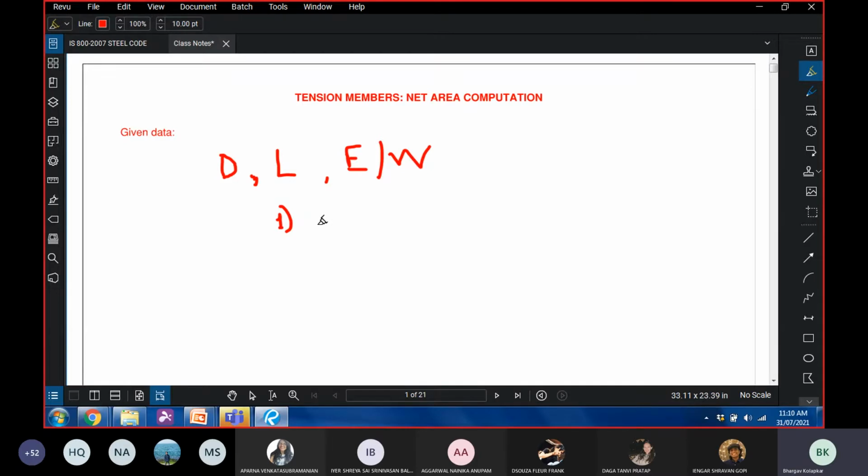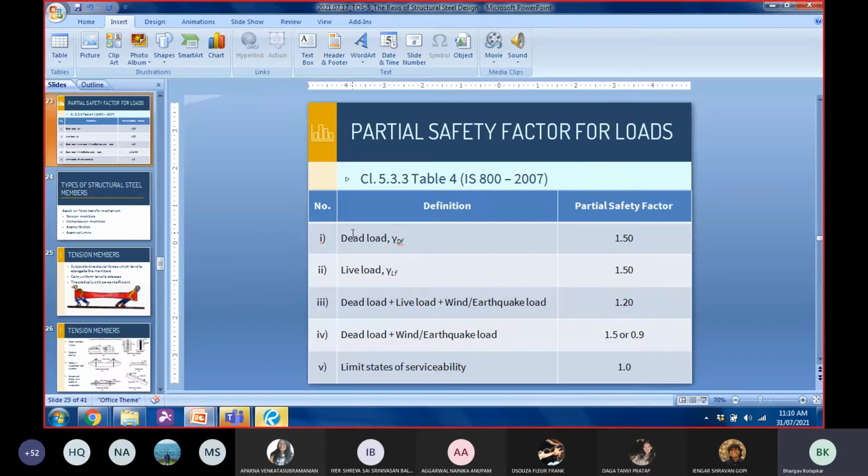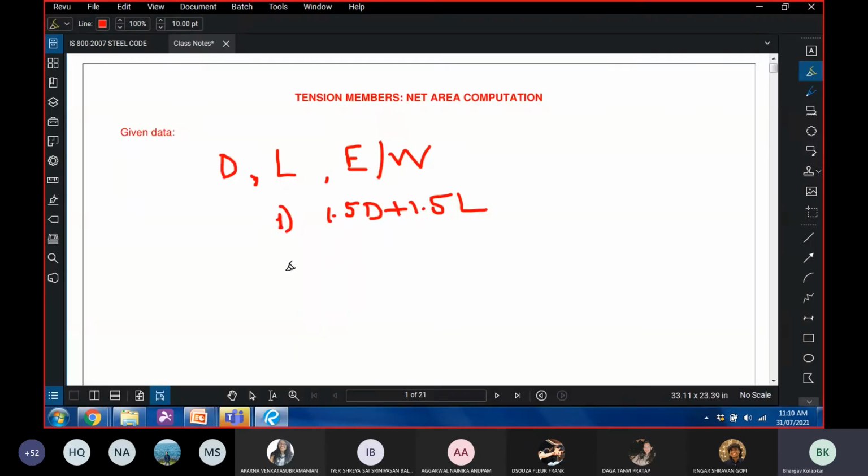This is a partial safety factor: 1.5 for dead load and 1.5 for live load.